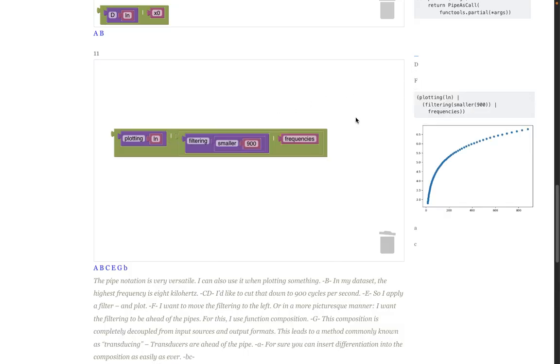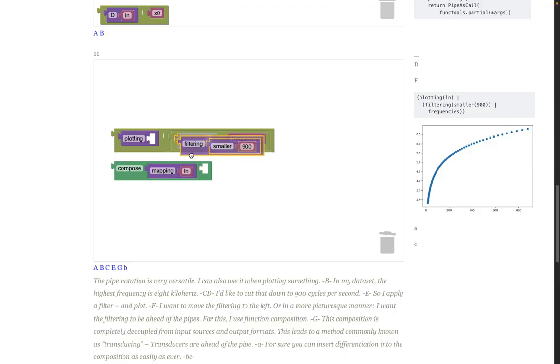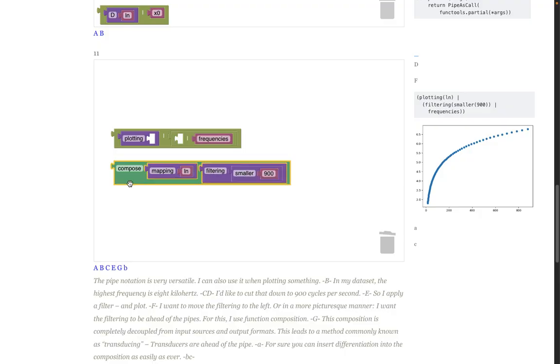I want to move the filtering to the left, or in a more picturesque manner, I want the filtering to be ahead of the pipes. For this, I use function composition. This composition is completely decoupled from input sources and output formats.